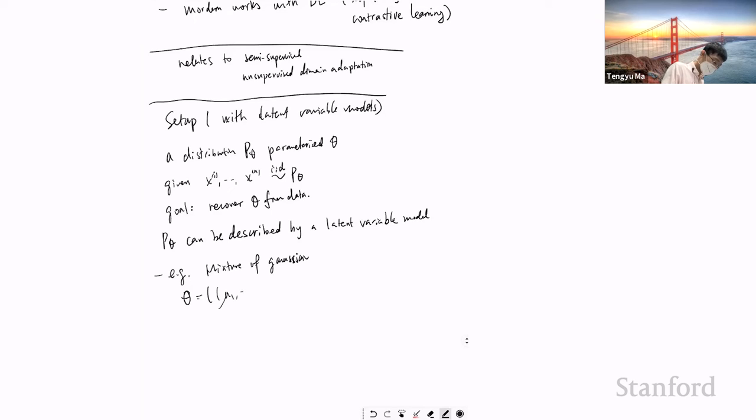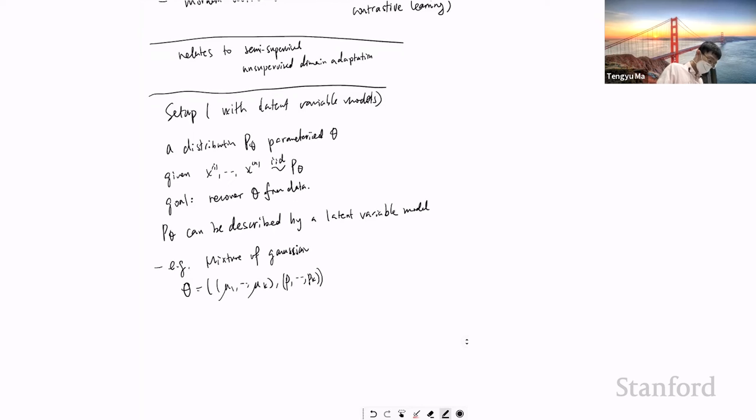Let me write it down first. You have k vectors, mu 1 up to mu k, and a bunch of probability numbers. Each mu i, in dimension d, is the mean of the component.